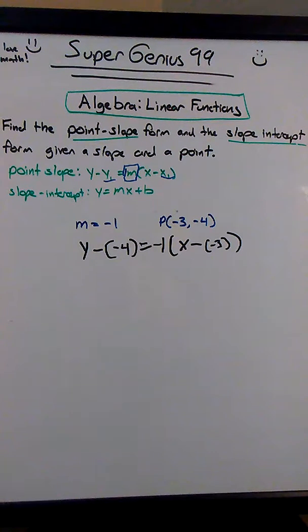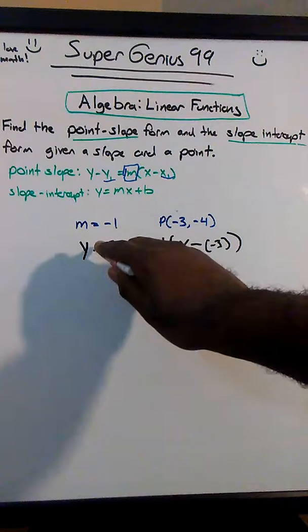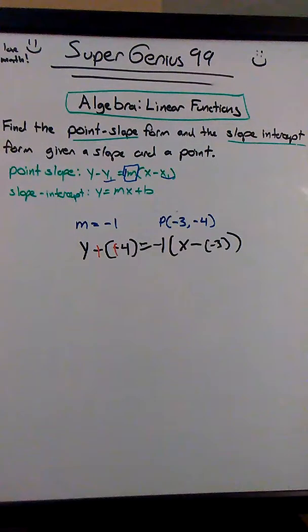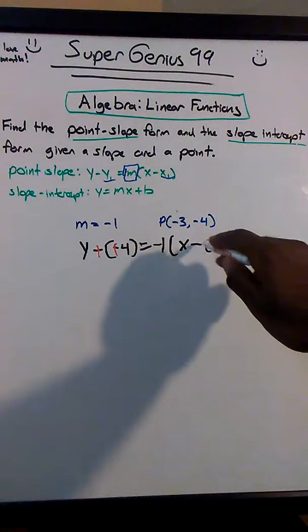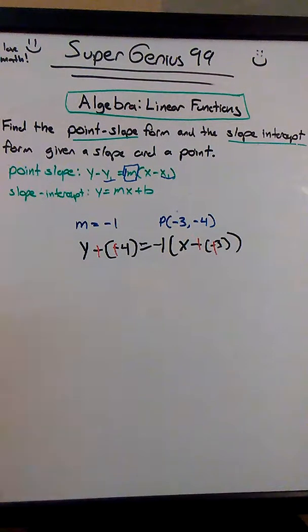Okay, so let's simplify this. No distribution, just simplifying. So I have y minus a -4, add a line, change the sign. x minus -3, add a line, change the sign. Okay.